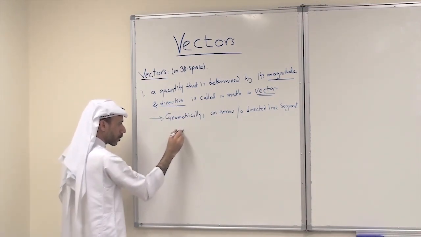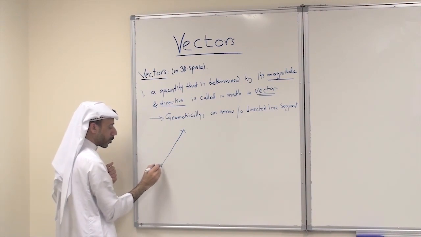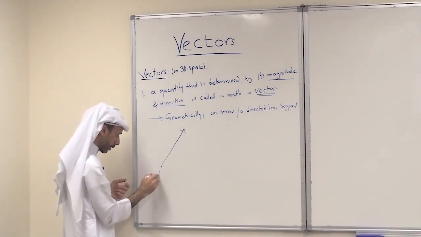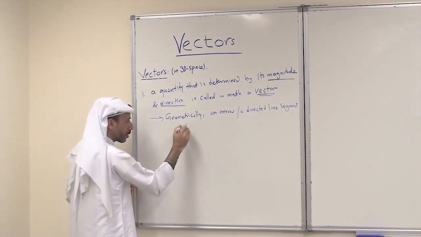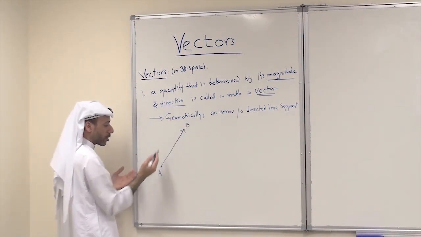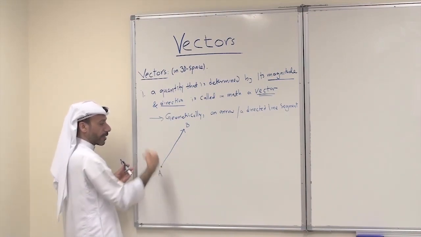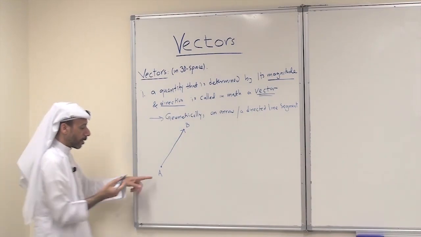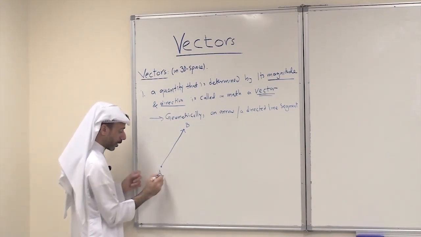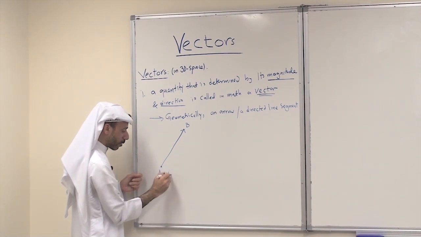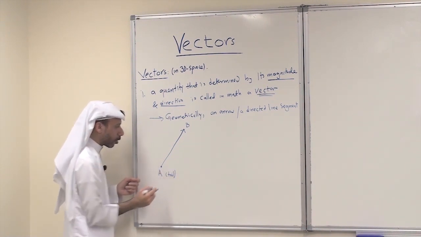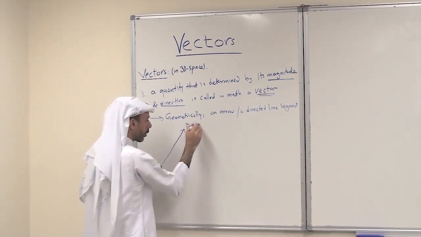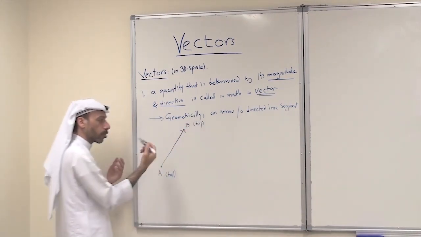This is an arrow with an initial point and a terminal point. Let's call this one A, and this is B. The direction of the vector is indicated by this arrow here. The point A is called the initial point, the tail of the arrow or of the vector. B is called the tip of the arrow or of the vector.